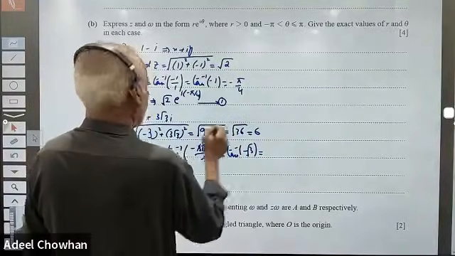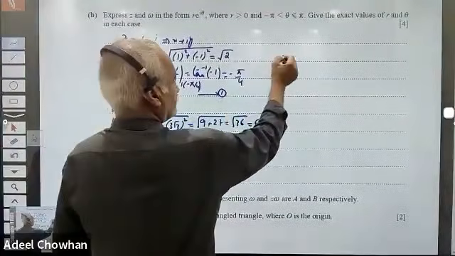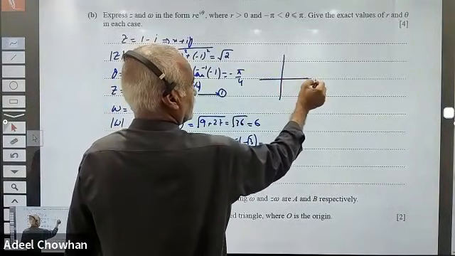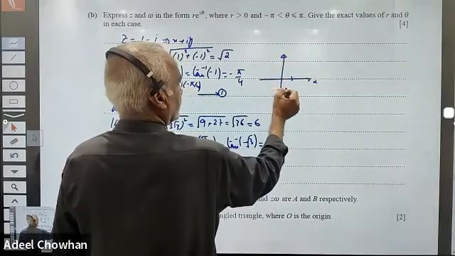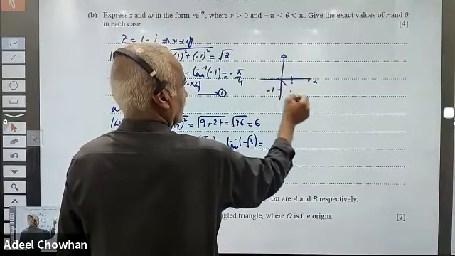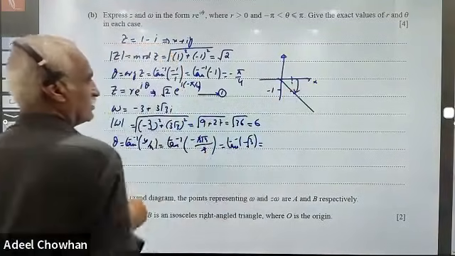And because for this z, if it is x, it is y, it is 1 and minus 1. So here the point is going to lie, and that is why this argument is minus pi by 4.